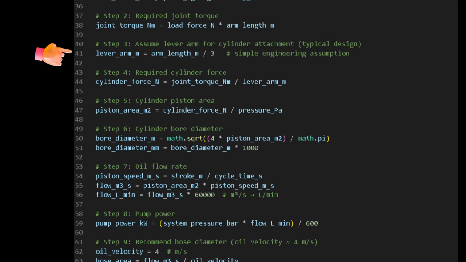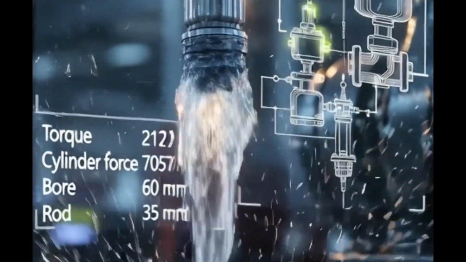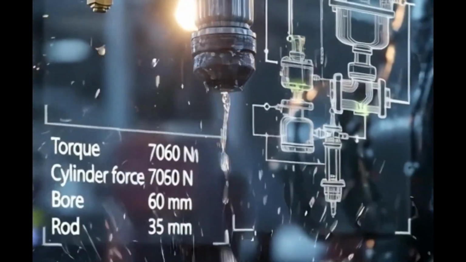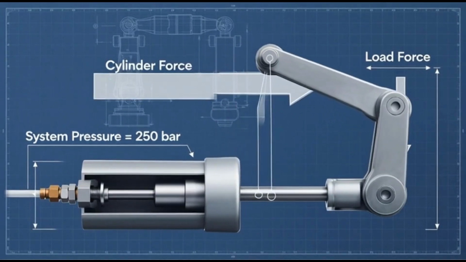Cylinder force equals joint torque divided by lever arm. This gives the force the hydraulic cylinder must generate. For our project, the cylinder force is approximately 7,056 newtons. This is the push or pull force produced by hydraulic pressure inside the cylinder.